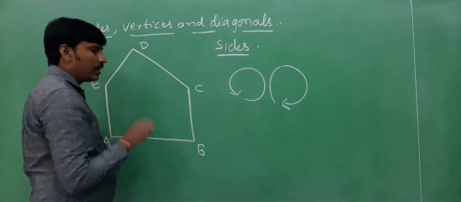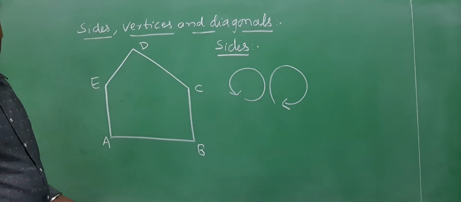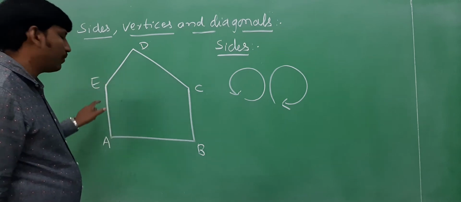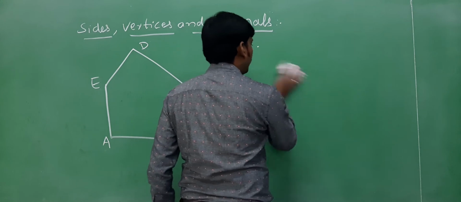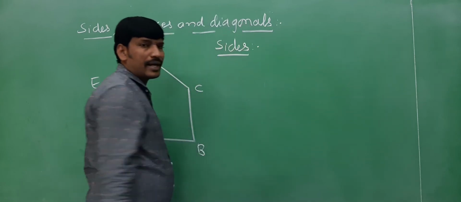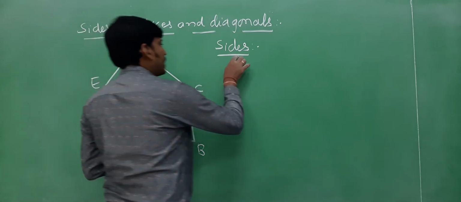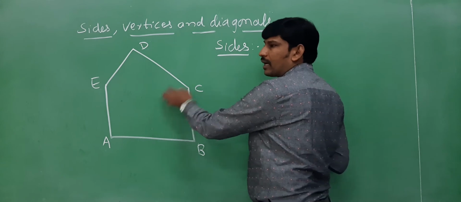Here A, B, C, D, E, by counting how many sides are there? 1, 2, 3, 4, 5. Now what are the sides here? It is a line segment. It has 2 end points. So the line segments of this polygon are called sides.